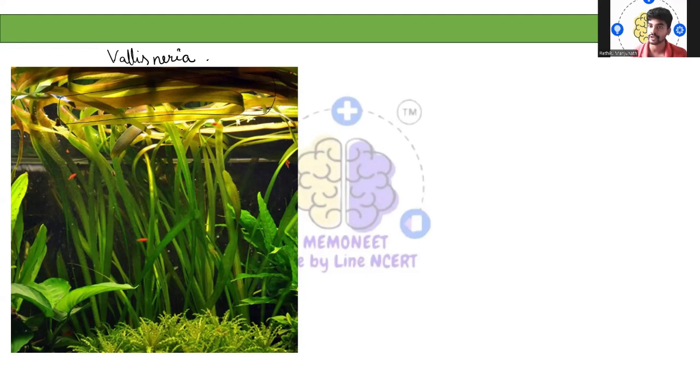The male flower produces pollen grains and releases them on the surface of the water. As a result, the water current carries the pollen grains, and some of them eventually reach the female stigma of the female plant, and as a result pollination happens.